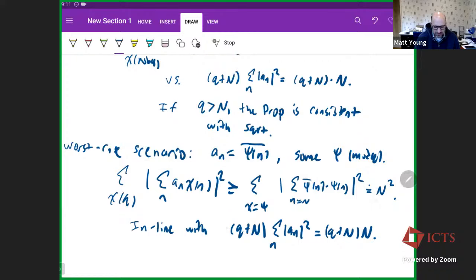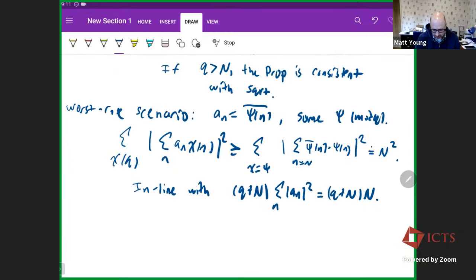You can't have very many chi's where there's essentially no cancellation, because the single bad chi is already accounting for the n squared. If we had a whole bunch of characters with no cancellation, we'd get a lower bound that would contradict the proposition.